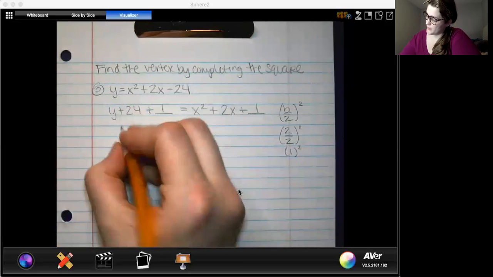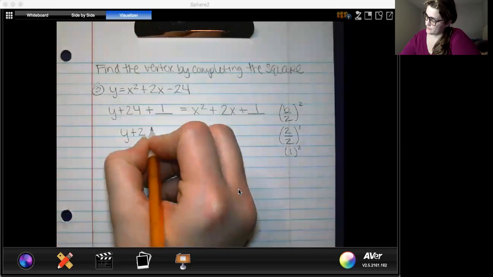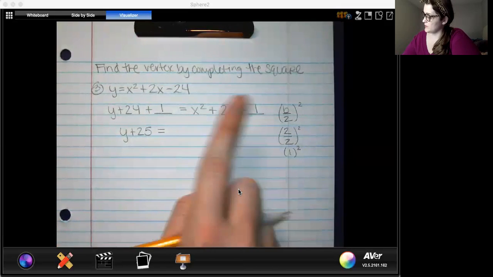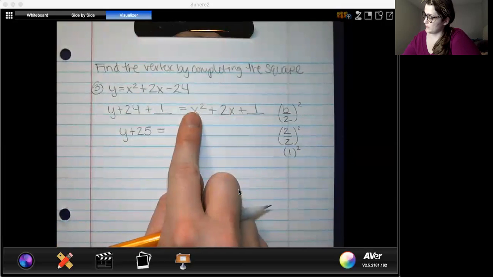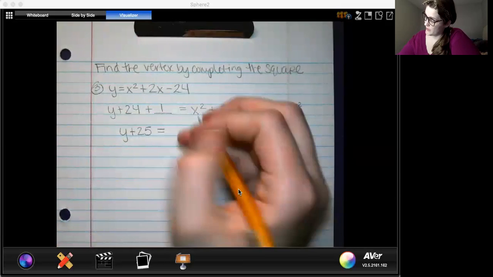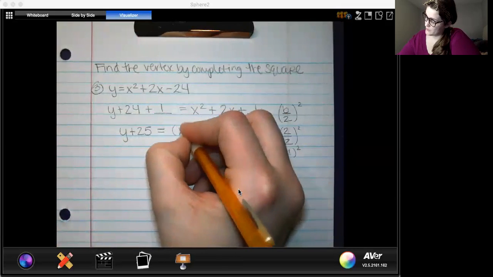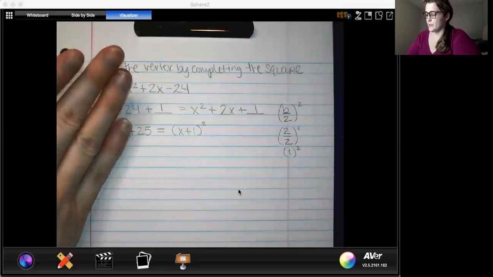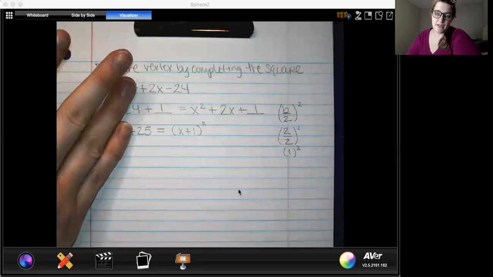Combine like terms, so we get y plus 25. And on the right side, we're going to factor. So to factor this, it would end up being condensed to x plus 1 quantity squared. Now, in this process, because we have the y, we're solving for y. Beforehand, we wouldn't have the y, and we would go through a process of solving for x.